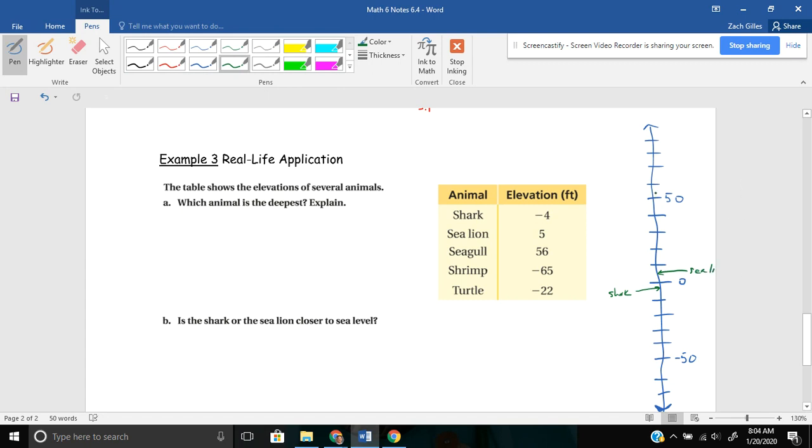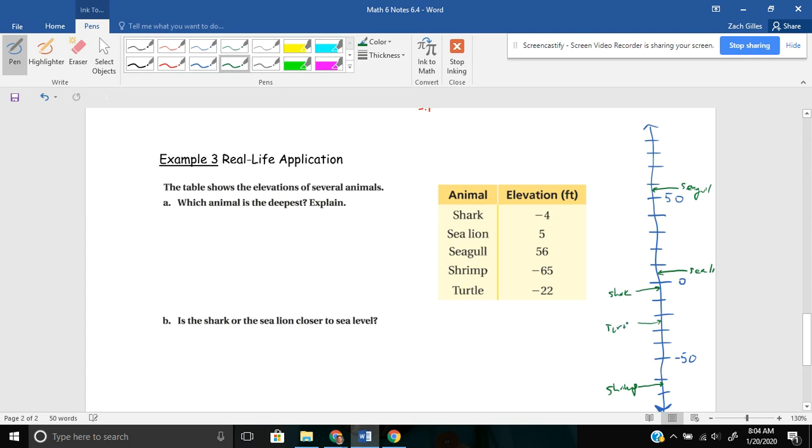Seagull's at 56, which makes sense. They do fly in the air. Shrimp is -65, so between 60 and 70. And again, makes sense. They are below sea level. And then turtle, -22, between 10 and 22.